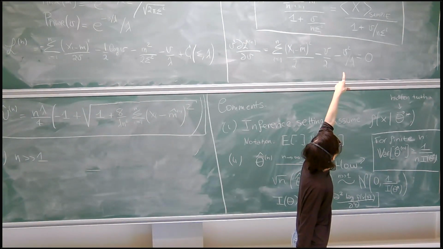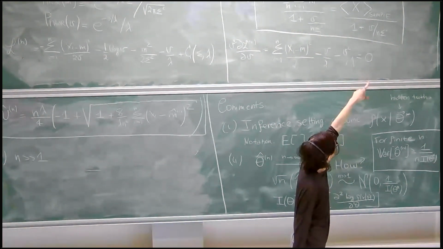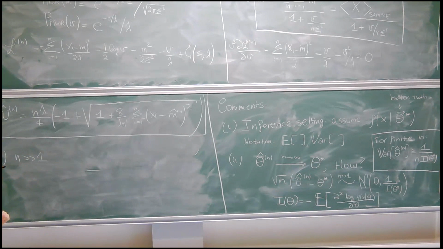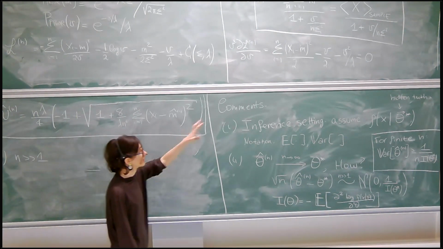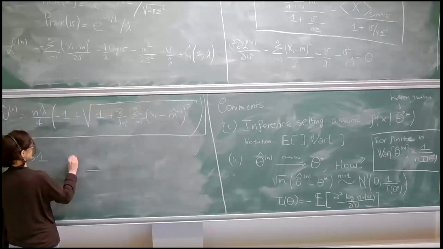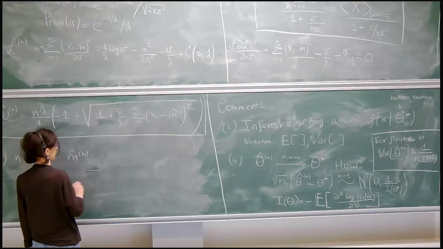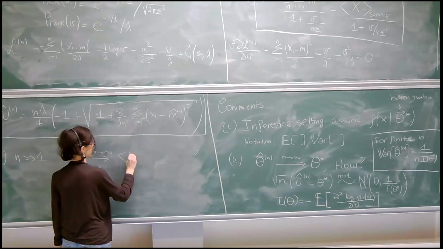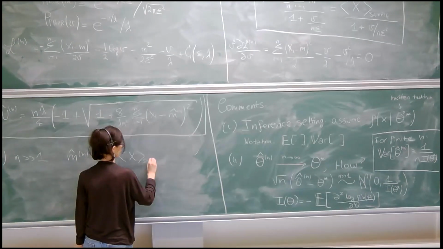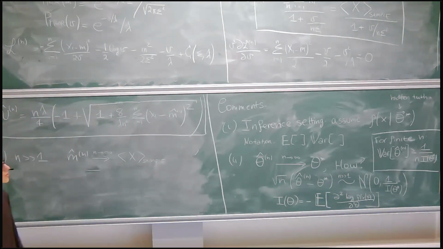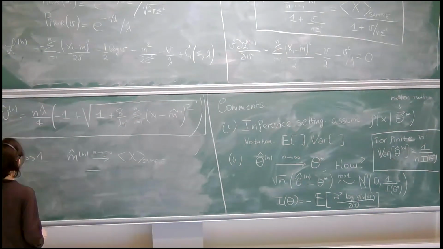You see that the only dependence on small n is in the denominator, and if you send n to infinity, you are left only with 1. So in this limit, your estimate for the average is just the sample average based on your data. So the dependence on sigma disappears.